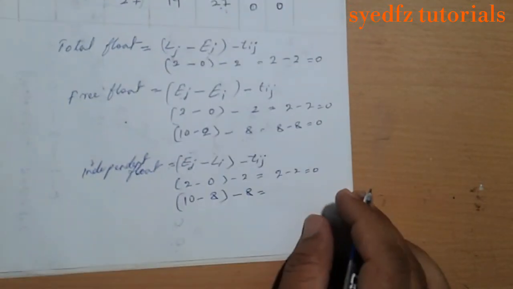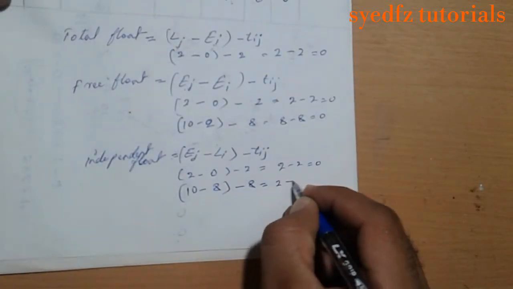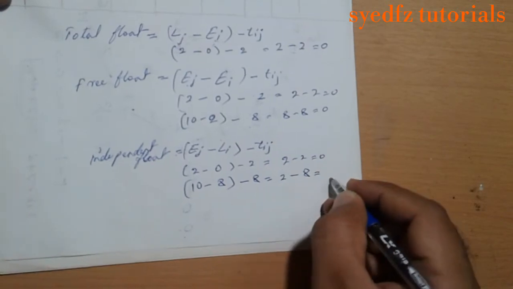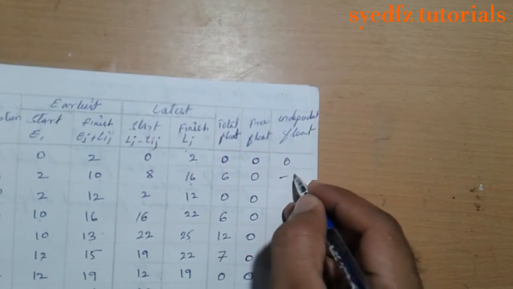So 10 minus 8 is 2. 2 minus 8, we have got minus 6 as the answer. How much? Minus 6.